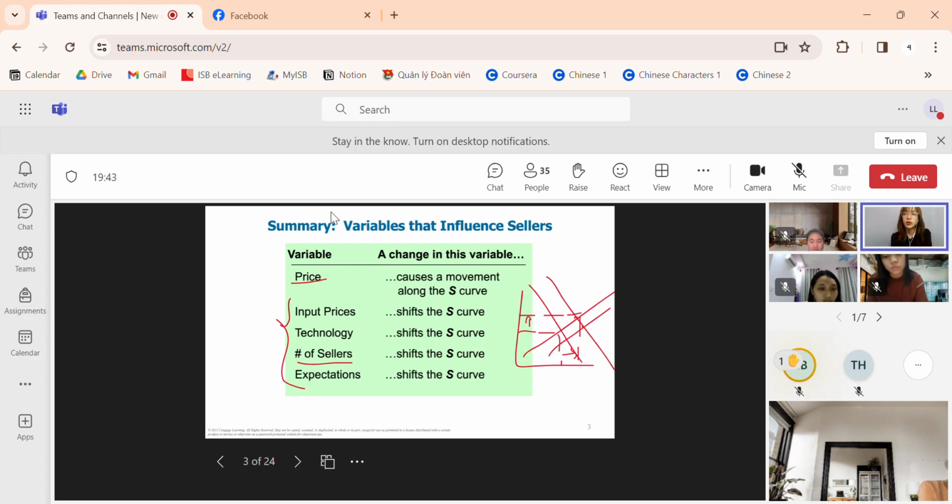Yeah, all right, good question. All the variables that we mentioned here are the direct variables that will influence a seller. Because as you produce things, we care about our costs, and the factors that affect our production, like technology, our competitors, the number of sellers, and our expectations.